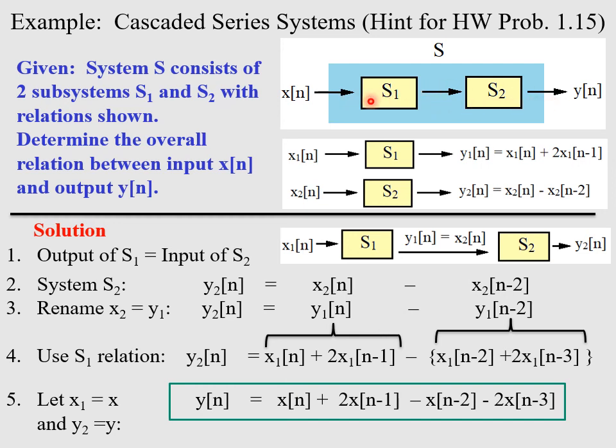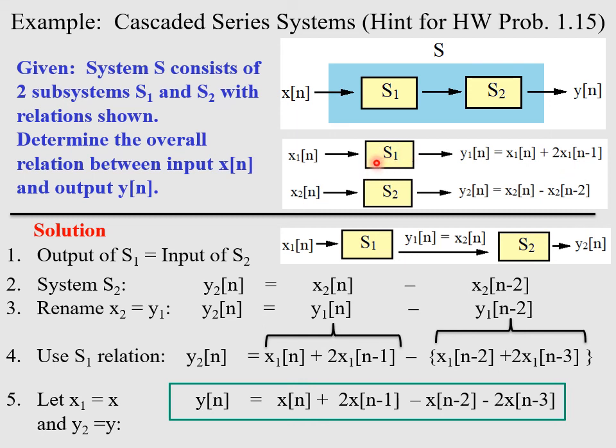Their input-output relationships are shown down here. For example, system 1, this first subsystem, takes the input x1 and puts it through, and what comes out is an output y1 of n, which is equal to x1 of n plus 2 times x1 of n minus 1.